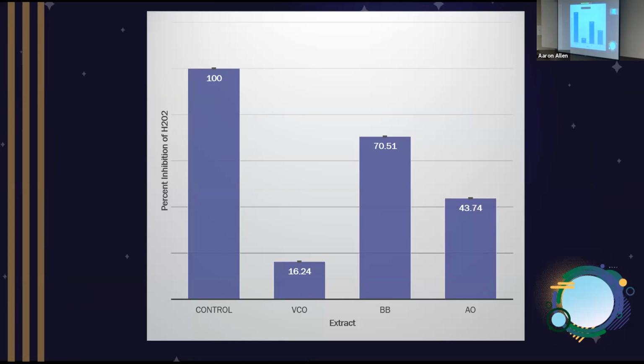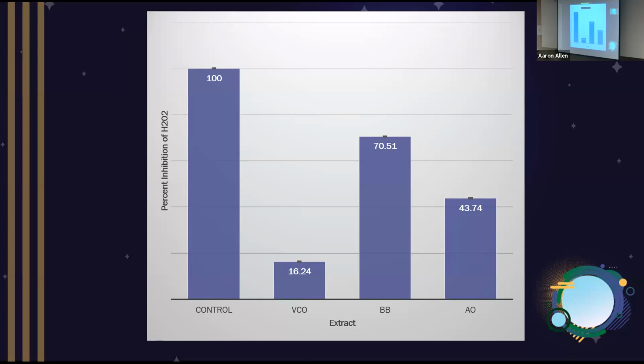So this next one is our percent inhibition of the hydrogen peroxide. Our control was just a known cocktail of scavengers that would be able to reduce that. And then our blueberry and anise oil had high percentage inhibition of the hydrogen peroxide, but the virgin coconut oil had very minimal. This is very interesting to note because virgin coconut oil is showing great reduction of oxidative stress, however, it's not doing percent inhibition of the hydrogen peroxide.